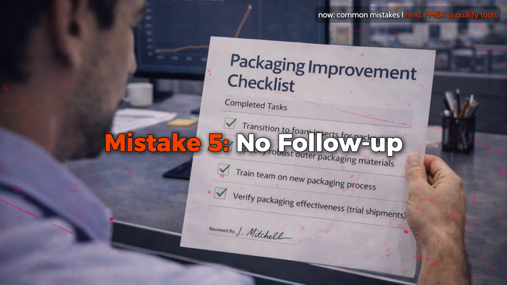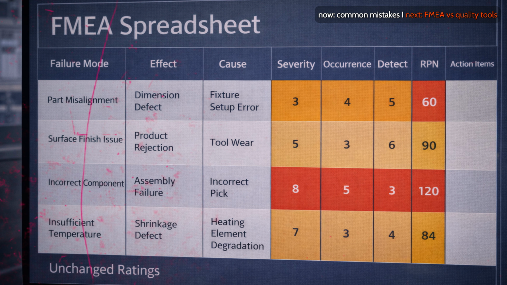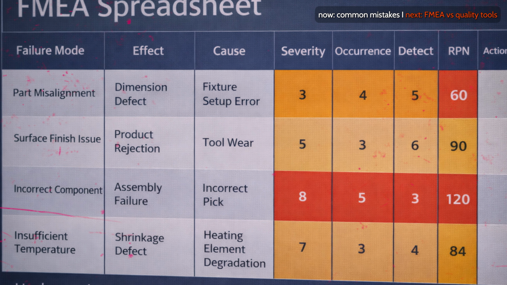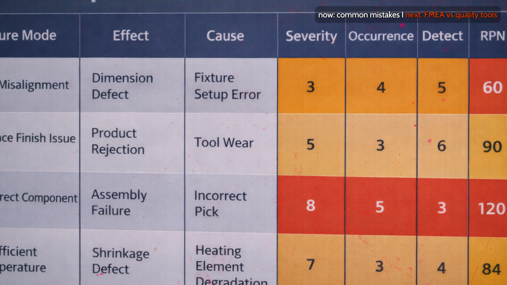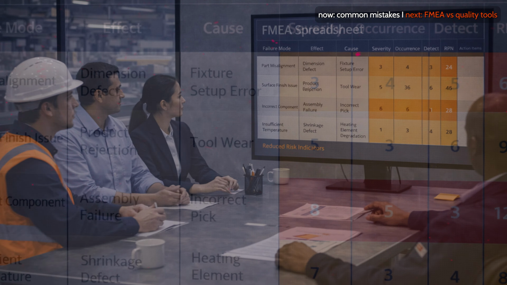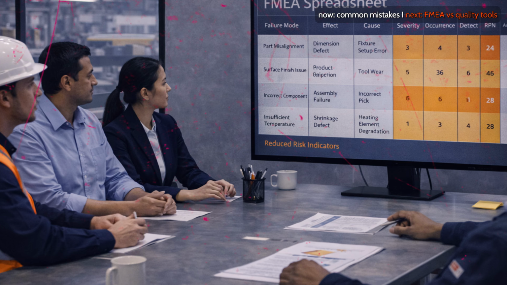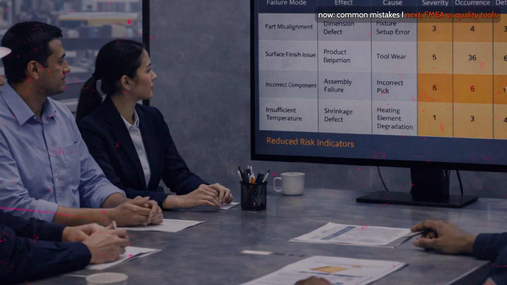After actions are defined, some teams never re-evaluate the risk. Without updating ratings after improvements, the loop remains open. FMEA is complete only when risk is reduced and confirmed. FMEA is not about filling a table. It is about disciplined thinking, structured discussion, and continuous improvement.